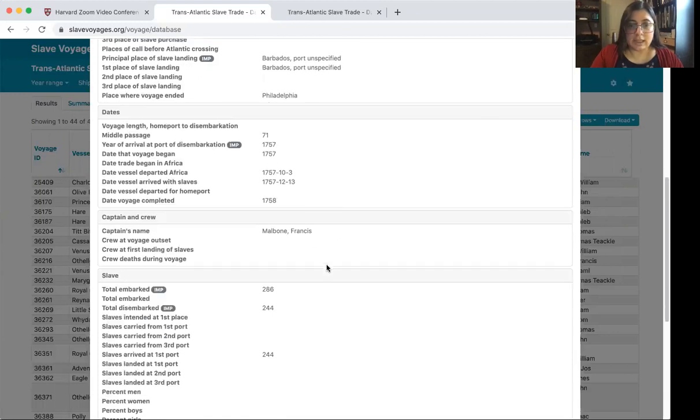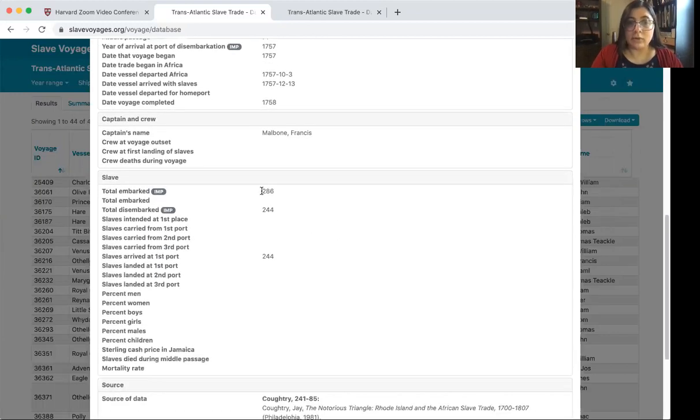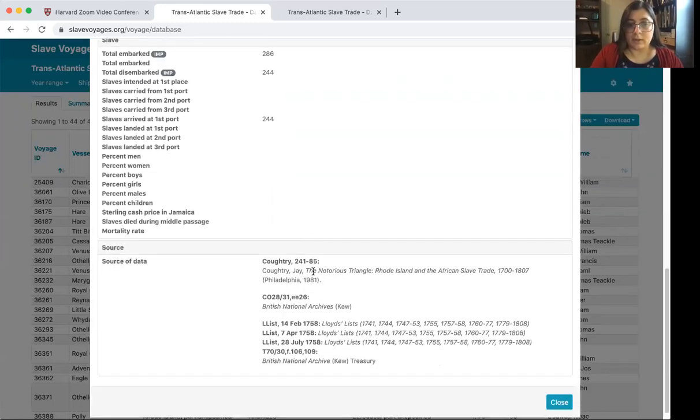The dates, the captain's name, the number of people who were taken captive in the Gold Coast, and then the number of people who were sold in Barbados. So you can see that there's a death rate there. And then at the bottom are the citations.